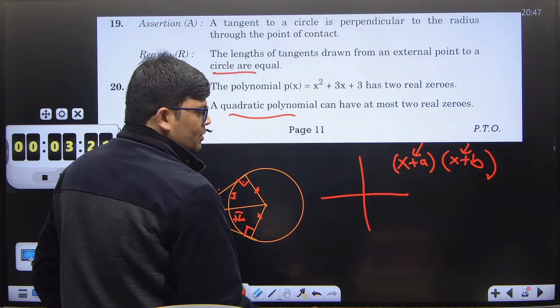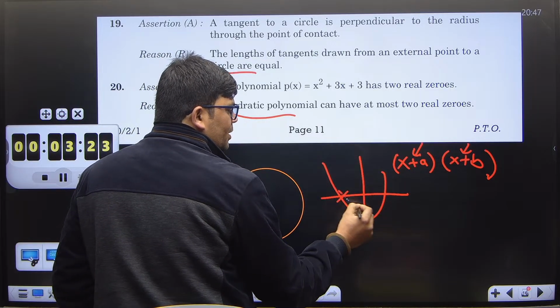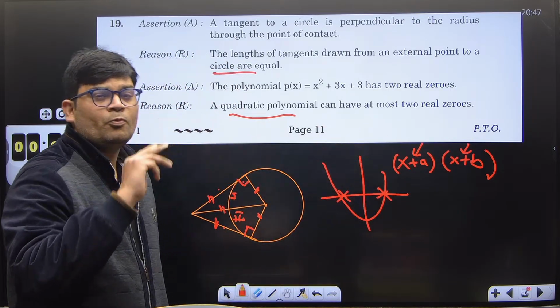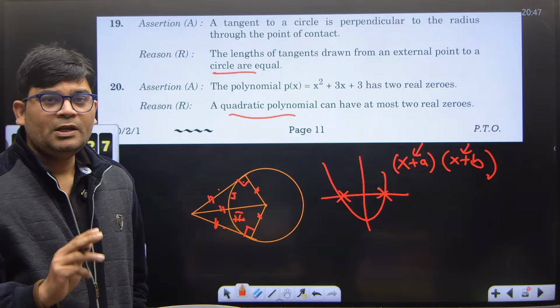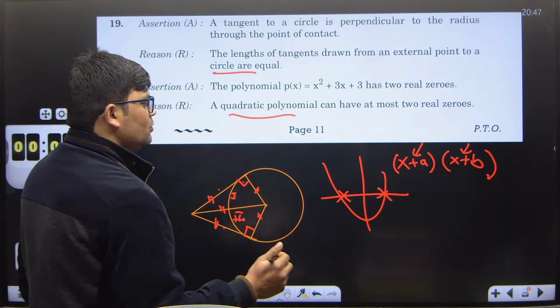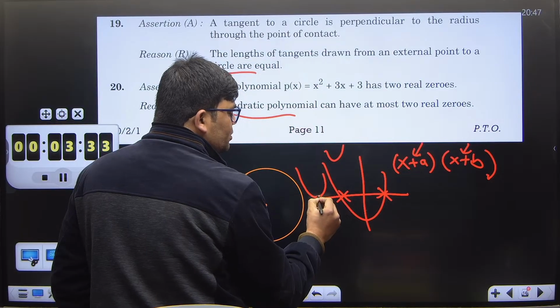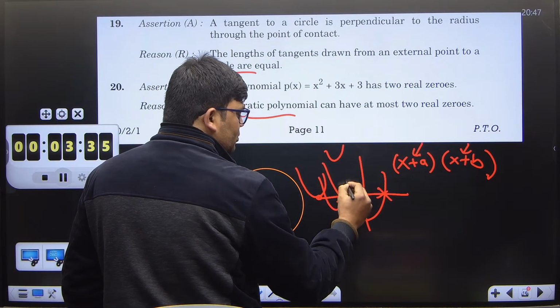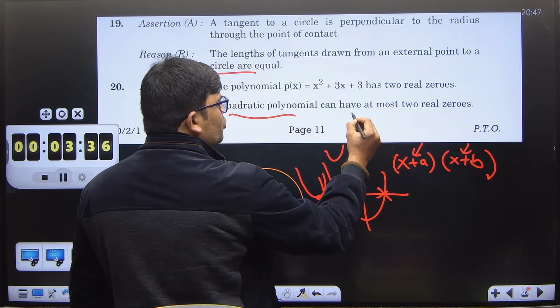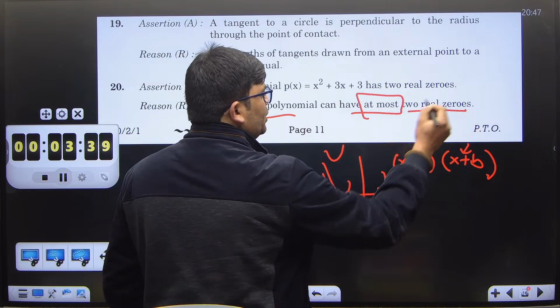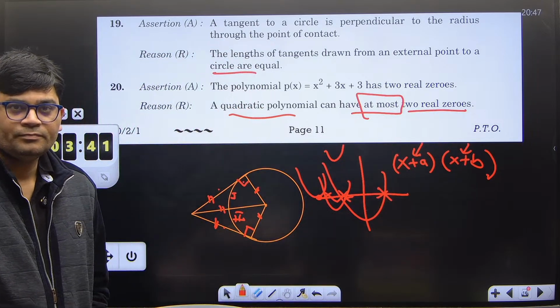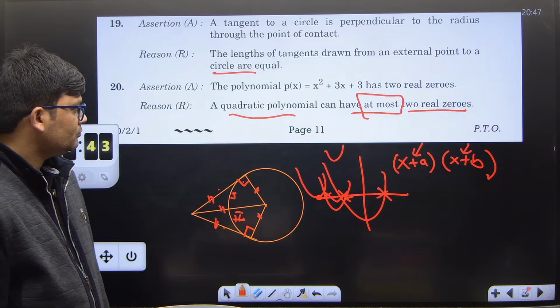The graph can cut the x-axis at a maximum of 2 points. Minimum you can have 0. The graph can be like this, no zeros. The graph can be like this, 1 zero, or the graph will be like this, 2 zeros. So at most 2 real zeros, right? So A and R are true, and R is the reason for it.